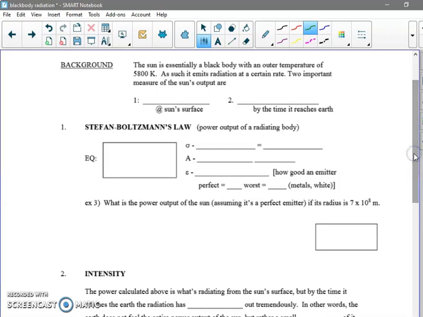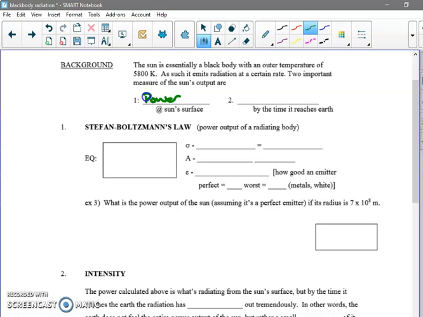solar radiation. The sun is essentially a black body, and we just said it has an outer temperature of around 5,800 Kelvin. As such, it emits radiation at a certain rate, and we want to quantify that. There are two different measures of the sun's output, and you've got to be careful to distinguish them. One is simply power, the rate at which you give off energy, and we can talk about the power output at the sun's surface.